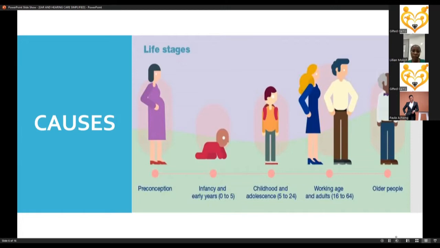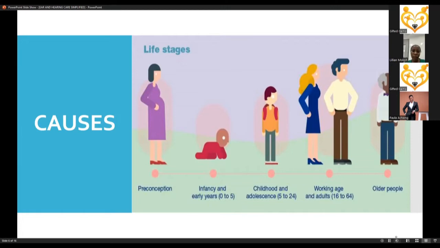Again, during this period of time, ear problems can easily be caused by day-to-day lifestyle practices such as use of earphones, and listening at very high volume using personal listening devices.